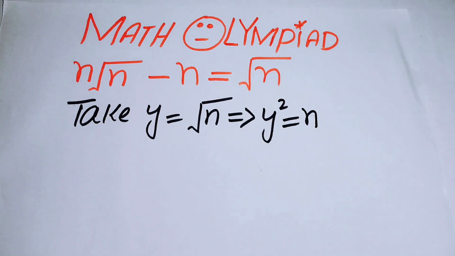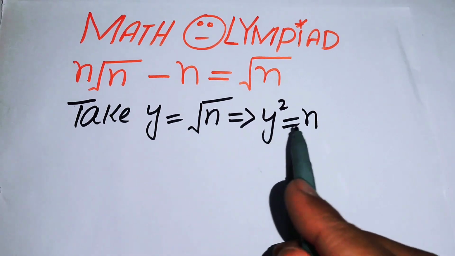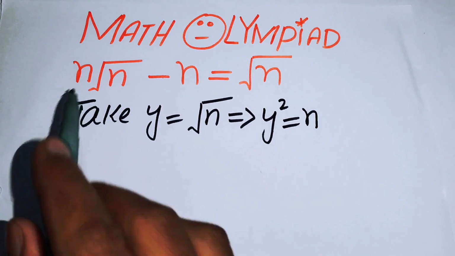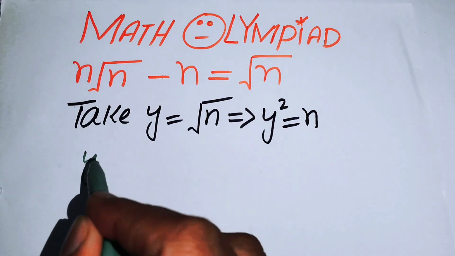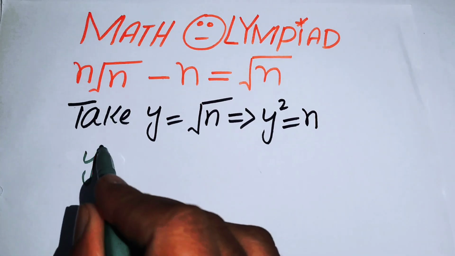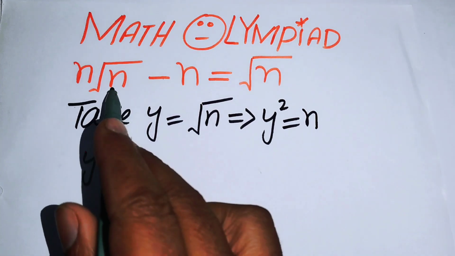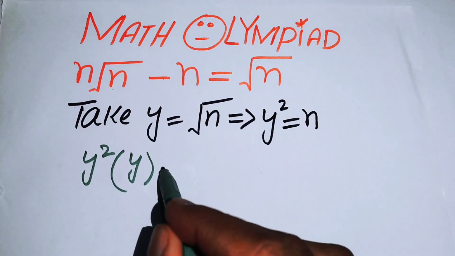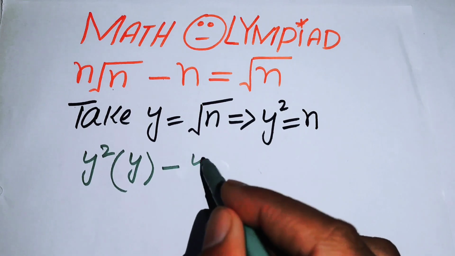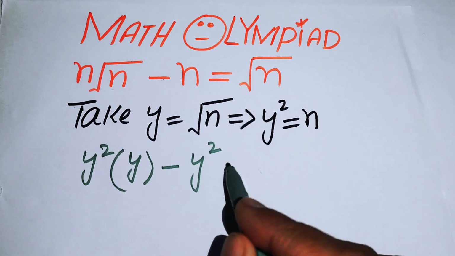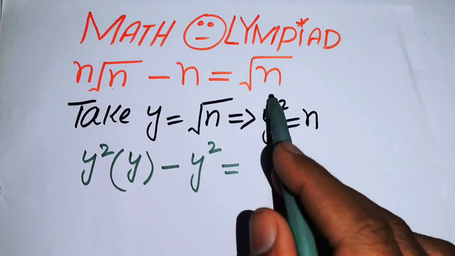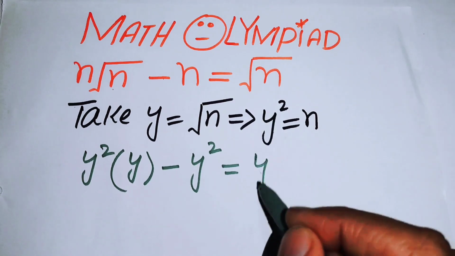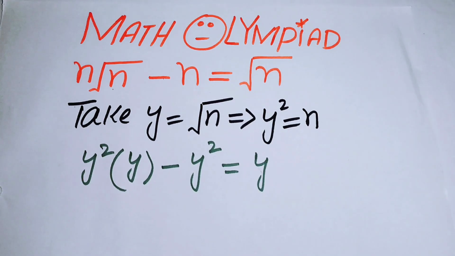The value of n is y squared, so we plug n by y squared into n times square root of n, and square root of n equals y. And here we have minus n, and n equals y squared, and in the right hand side we have square root of n, which equals y.